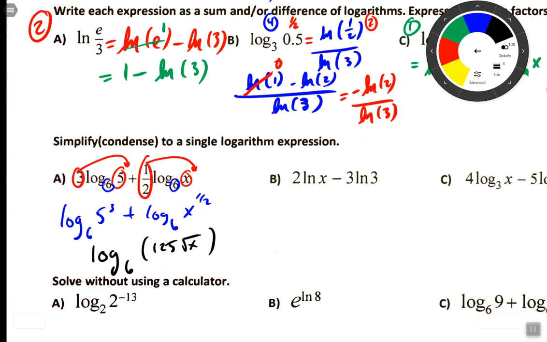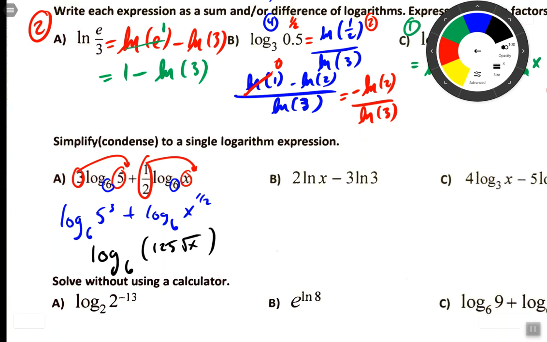Why did you do that? How did you get log base 6? But how did you go from the blue to the black? What I did was, look at property 1. I'm going from the right to the left.